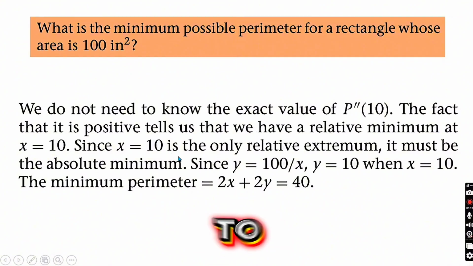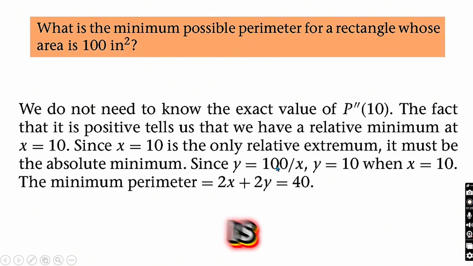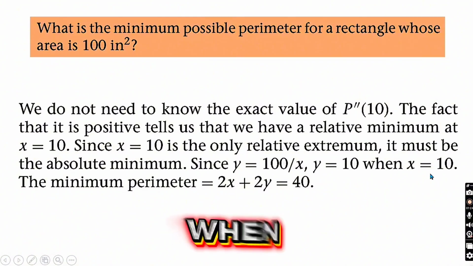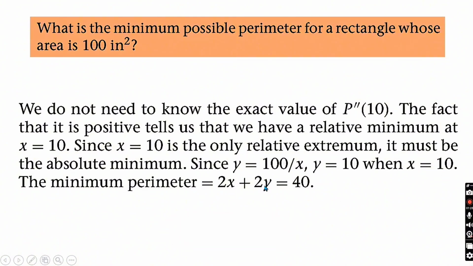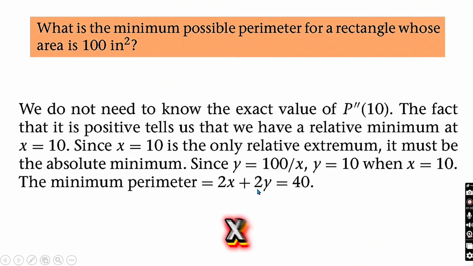Since x is equal to 10 is the only relative extremum, it must be the absolute minimum. Since y is equal to 100 over x, y is equal to 10 when x is equal to 10, of course. So we have an answer now. The minimum perimeter is 2x plus 2y, which is equal to 40. Got it?